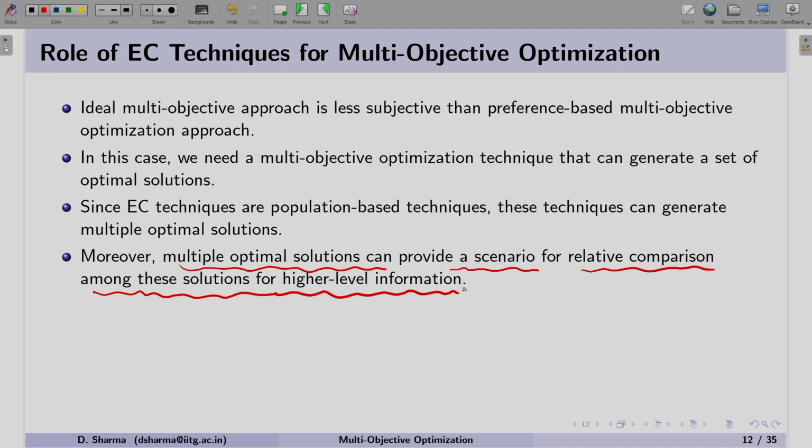So, if we solve a multi-objective optimization problem in its own form using an evolutionary computation technique, we have to change the fitness, and accordingly these solutions will converge to the Pareto optimal front.